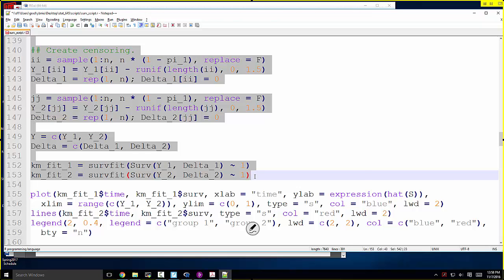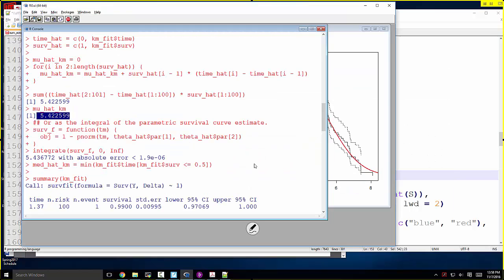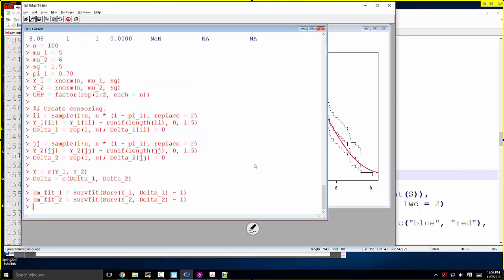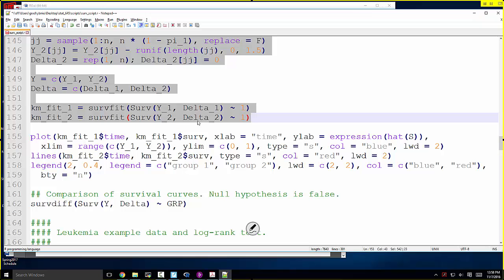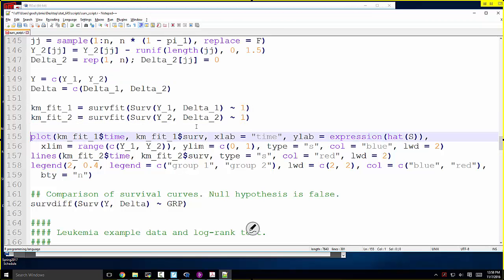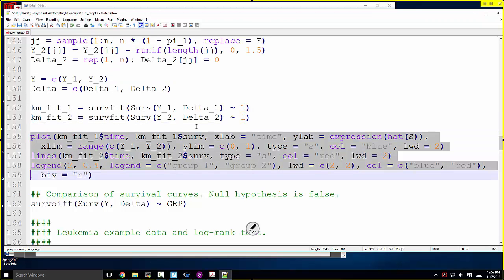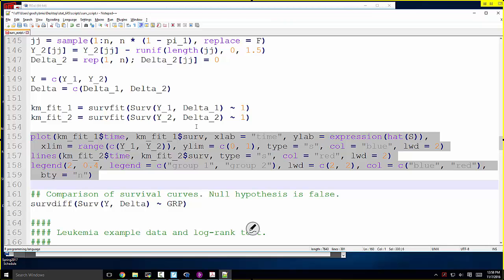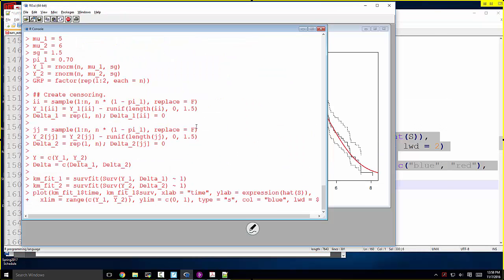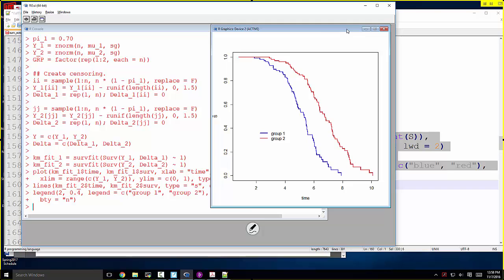So let's run all of that and then make a picture. This puts both of those Kaplan-Meier curves on the same plot. Looks like that.